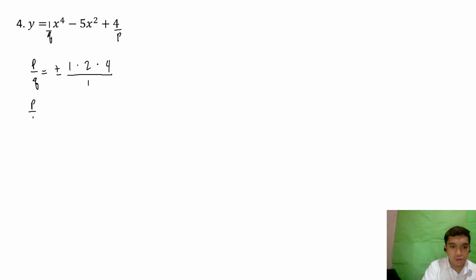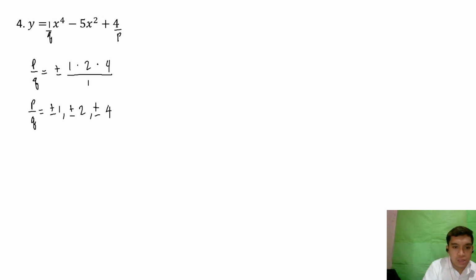So p over q is equal to positive, negative 1 kasi 1 divided by 1 is 1. Positive, negative 2 divided by 1 is 2. Then positive, negative 4 divided by 1 is 4. So ito yung ating mga possible roots. So ngayon, mag-synthetic division na tayo gamit yung mga possible roots natin.